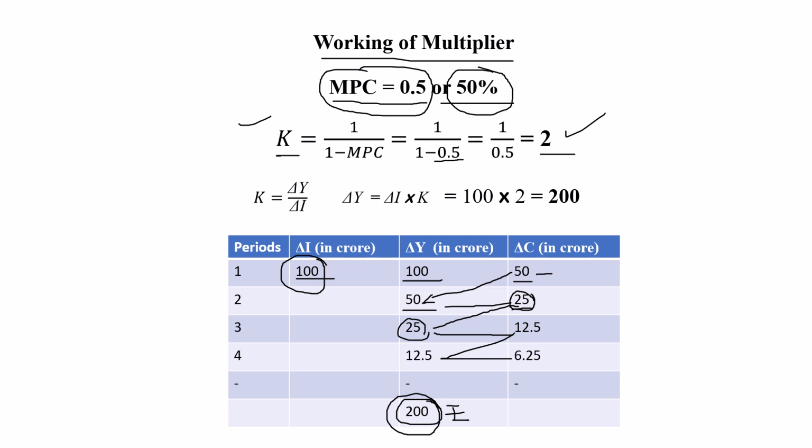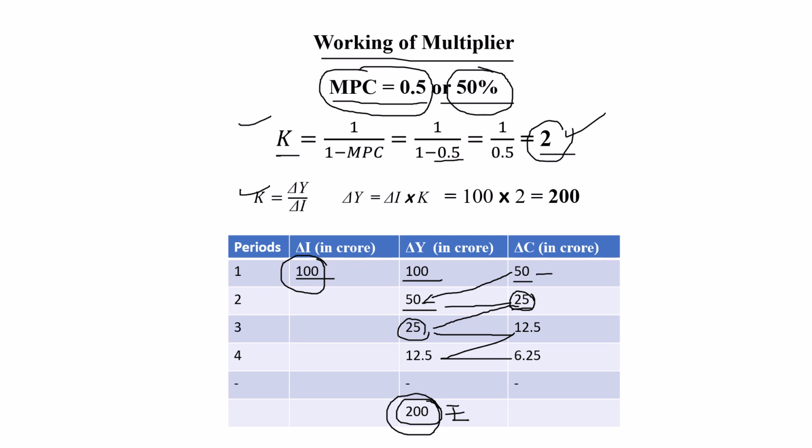Now the question is, we know the MPC level and K also. MPC is 0.5 and the multiplier K is 2. Now the question is, how can we calculate the change in the income level?